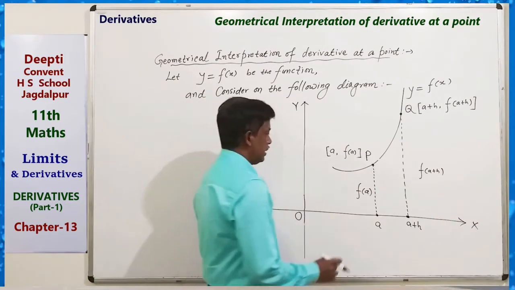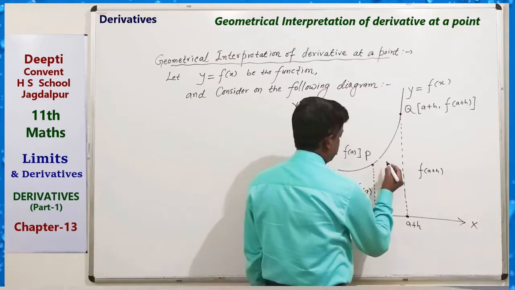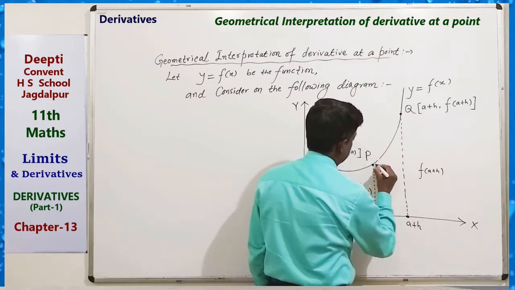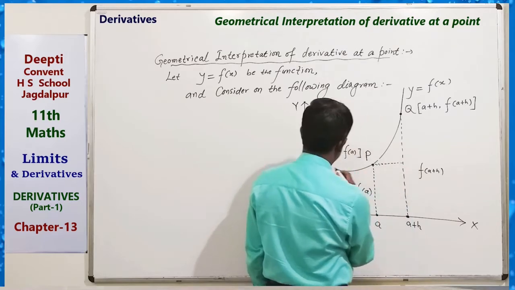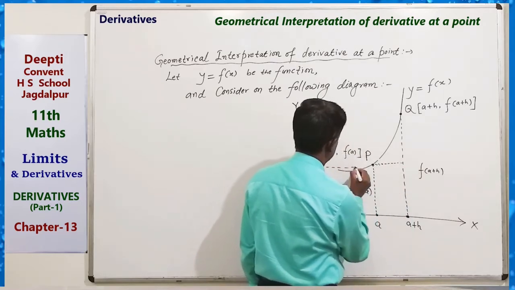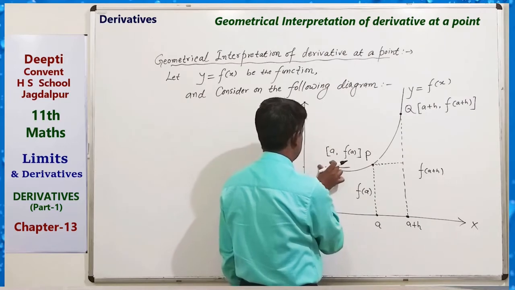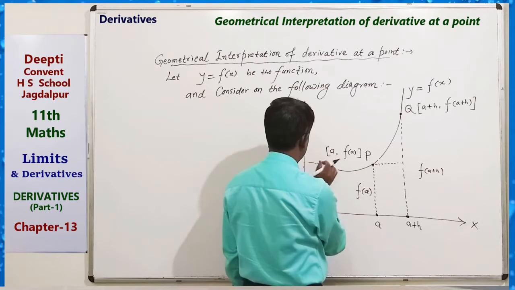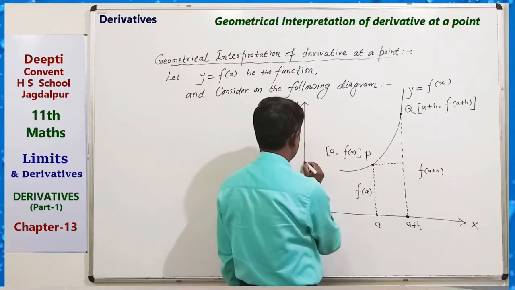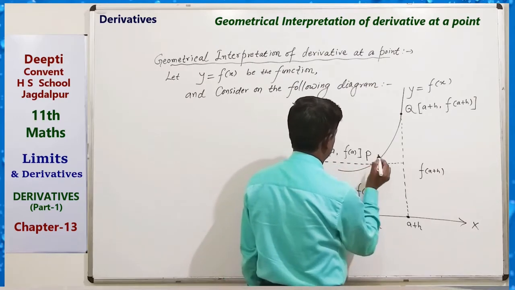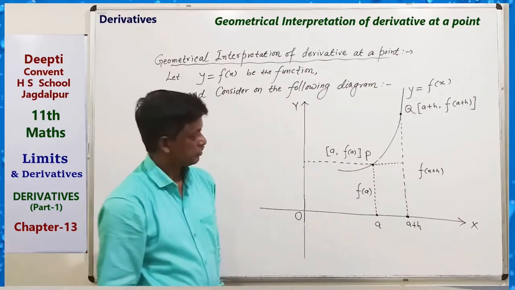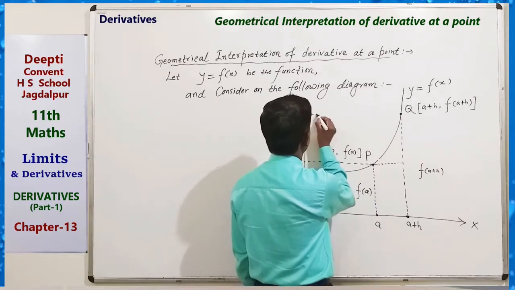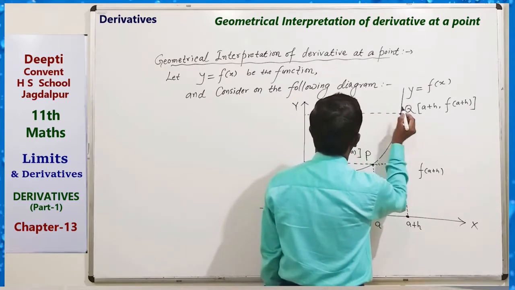So here we see that if we draw a line parallel, a horizontal line to the x-axis, like this, and also this is a parallel line.